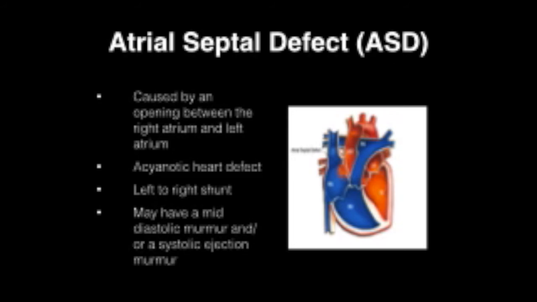If you think about the left side of the heart as oxygenated and the right side of the heart as deoxygenated blood, then if you mix the oxygenated blood with the deoxygenated blood, it just makes sense that you're going to have a cyanotic heart defect.